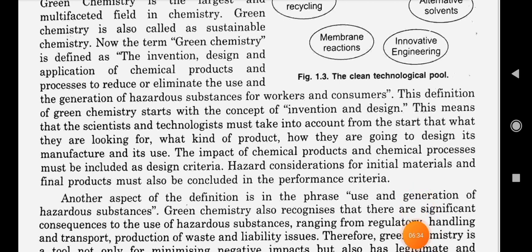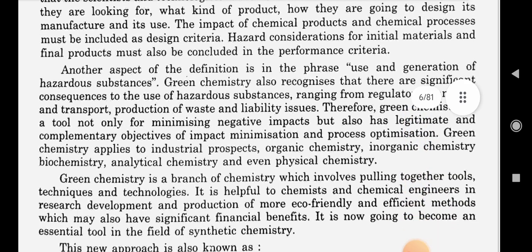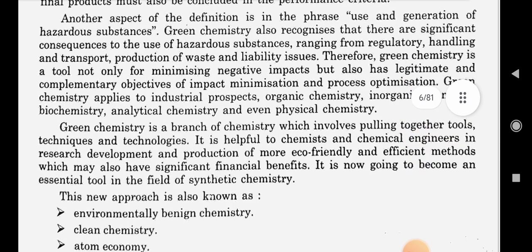Another aspect of the definition is in the phrase use and generation of hazardous substances. Green chemistry also recognizes that there are significant consequences to the use of hazardous substances, ranging from regulatory burden, handling and transport, production of waste, and liability issues.